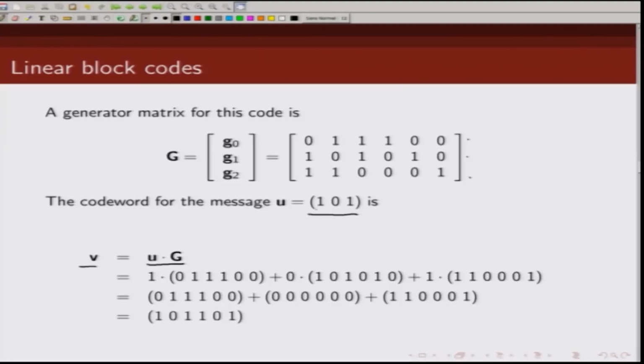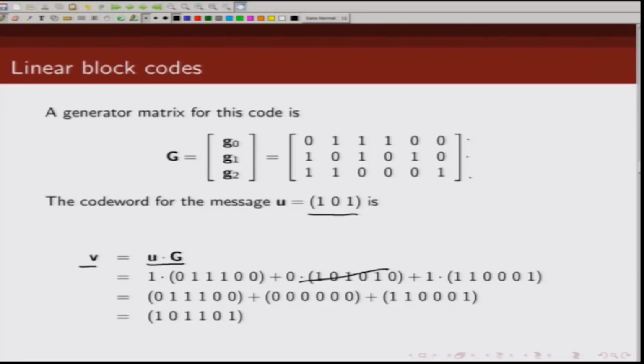So, my coded bits corresponding to this information sequence would be 1 times G0 plus 0 times G1 plus 1 times G2. So, that is what I have written here. This is 1 times G0, 0 times G1 plus 1 times G2. So, this is basically 0. So, what I have is then this plus this, right.